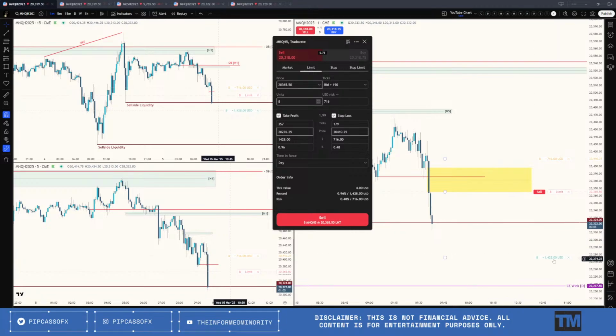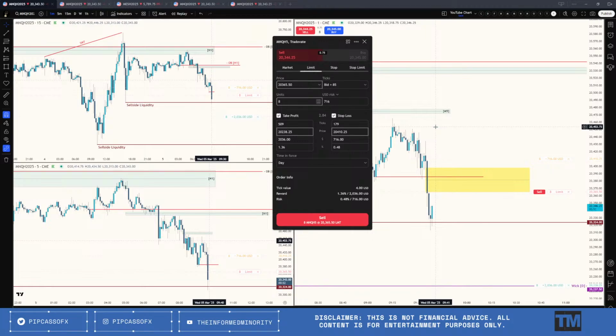Remember, our ultimate target was down here, so we'll have to gauge how it's trading. I would like this, but we have about 53 seconds left, and as long as we can do this, I'm willing to put this trade on and let it go.